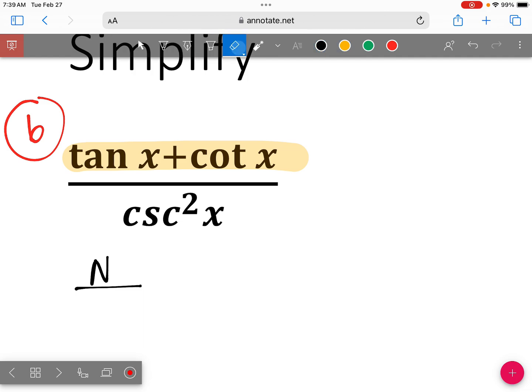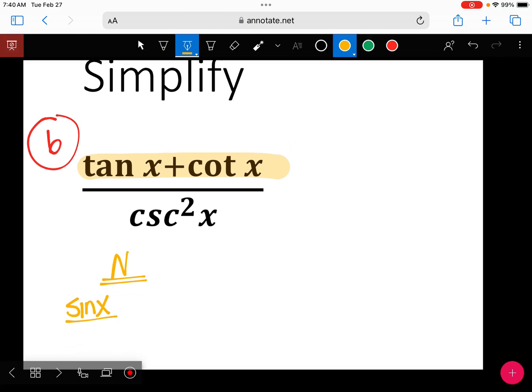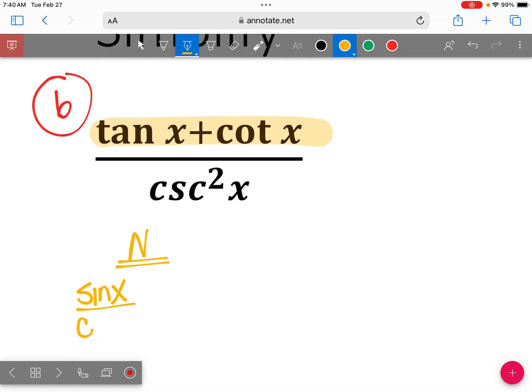Let me do this in yellow, actually. All right, so numerator, that's what that N stands for. I like to organize my work, make it neat. Tangent is sine over cosine, and cotangent is cosine over sine.